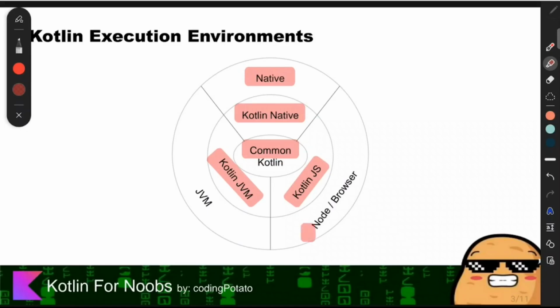Kotlin JS allows you to run Kotlin programs in Node or in your browser. And Kotlin JVM obviously allows you to run Kotlin programs in the Java virtual machine. In this course, we will be mainly focusing on Kotlin JVM and programming programs for the Java virtual machine.